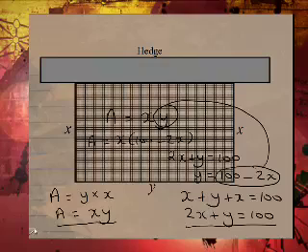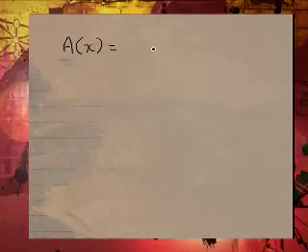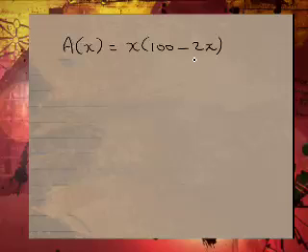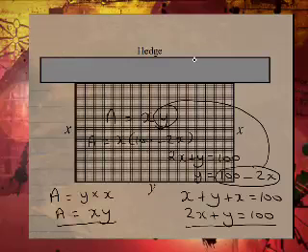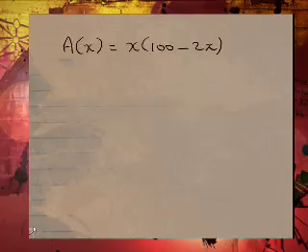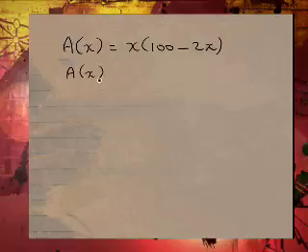Now let's have a look. Our area in terms of x is going to be x times 100 minus 2x. If you go back and check, 100 minus 2x is that. Great. How do we proceed from here? I could multiply out: 100x minus 2x squared.